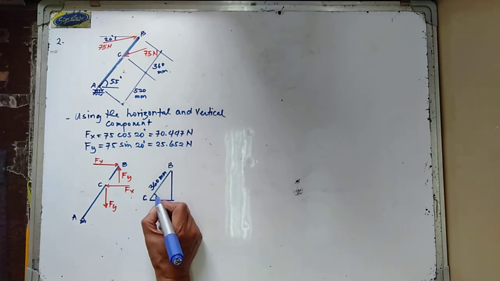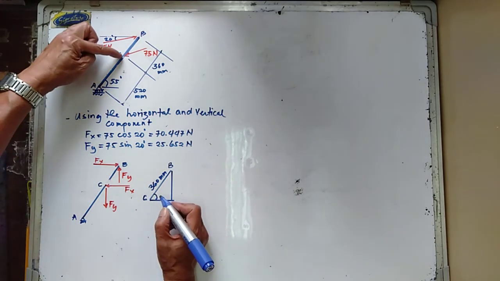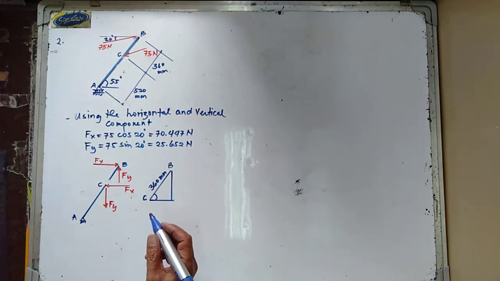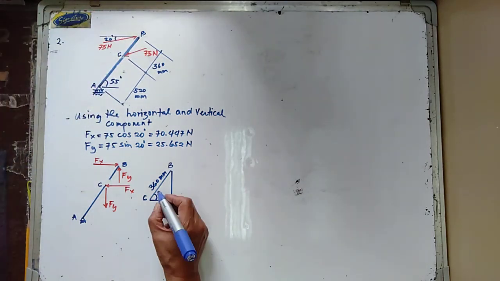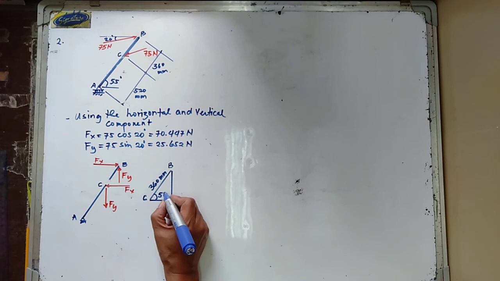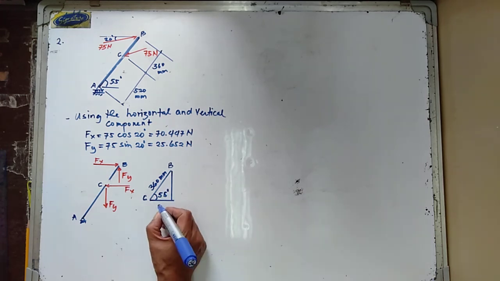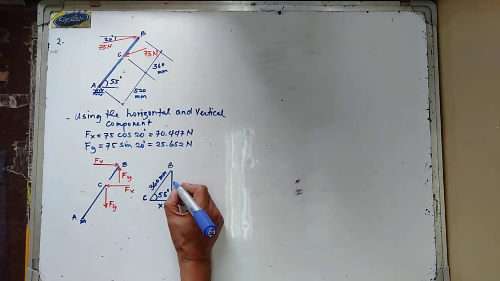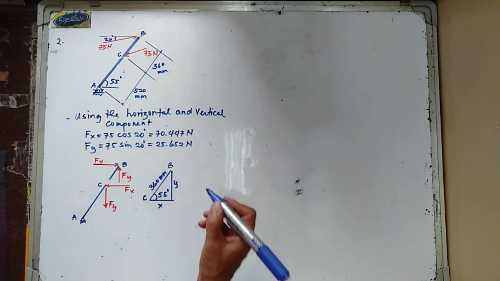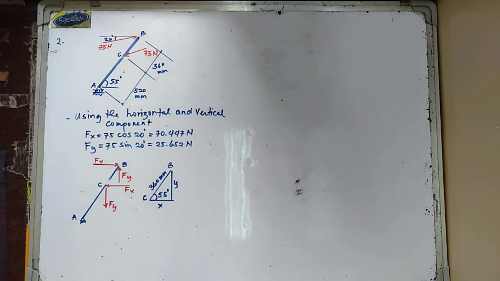Now this angle in here is 55. So we have a horizontal parallel to this, so we have 55 degrees. I'm going to consider this one as x, and this one in here as now your y.